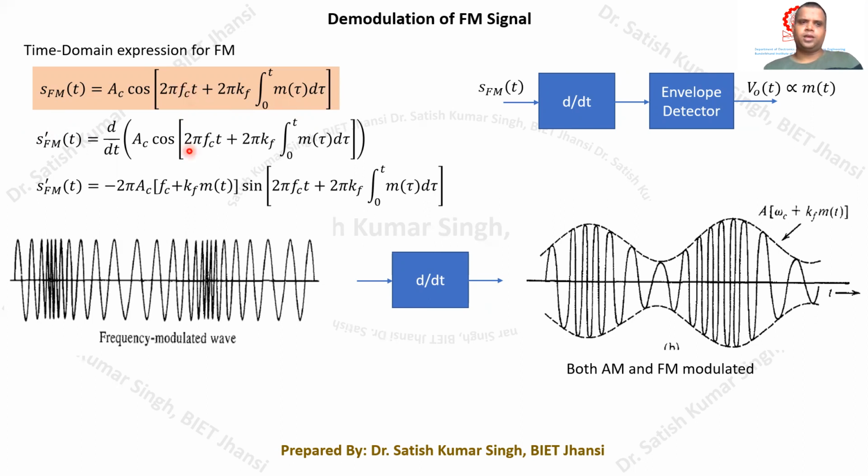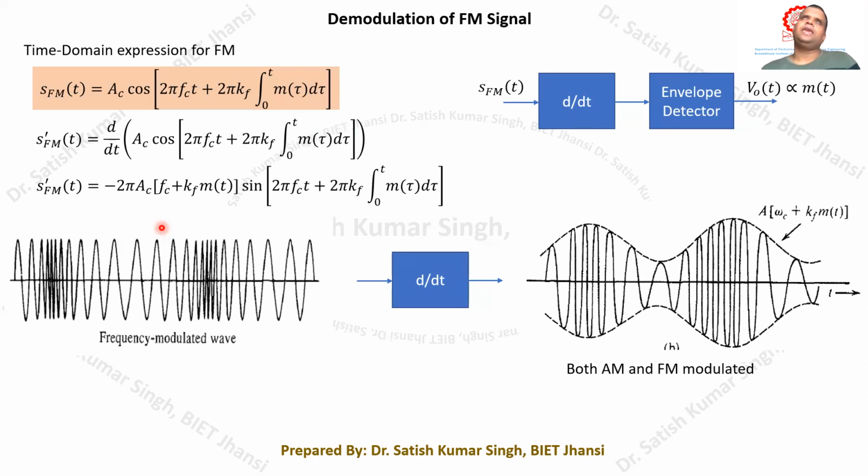If you remember, in amplitude modulation, the variation of the magnitude of the message signal was mapped in the variation of the amplitude of the carrier. Therefore, in conventional AM, the variation of the message signal appeared in the envelope of the carrier, and with a simple envelope detector we could demodulate the AM signal.